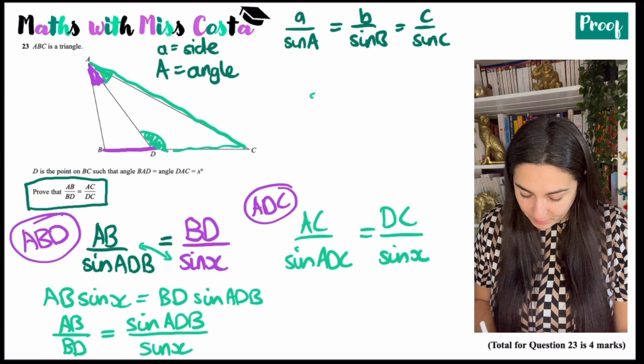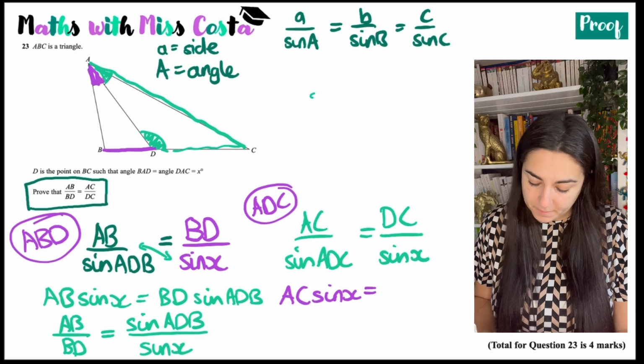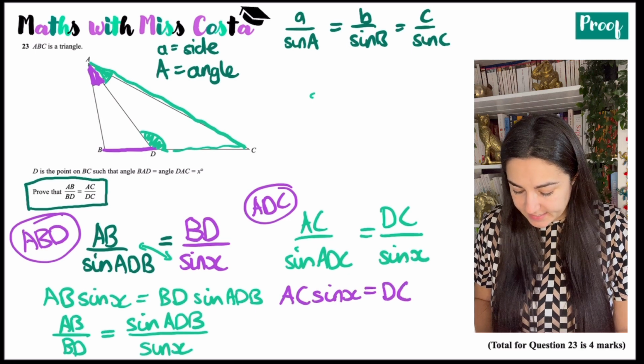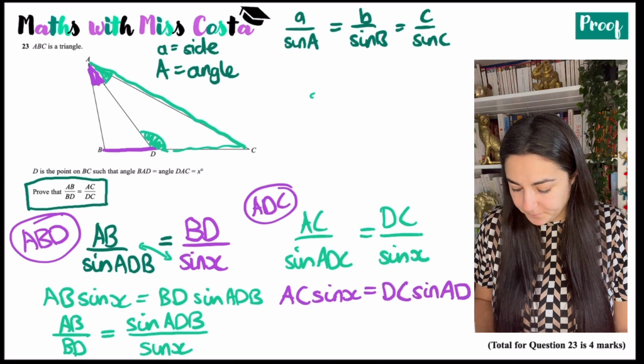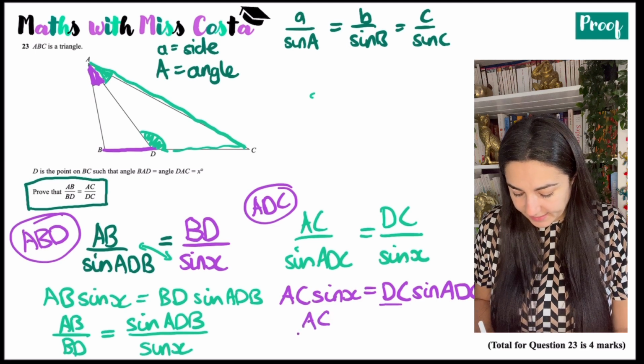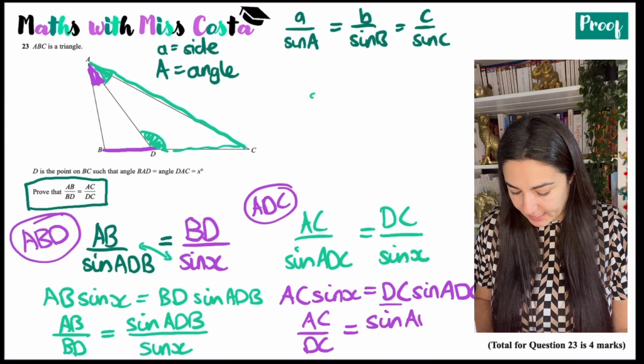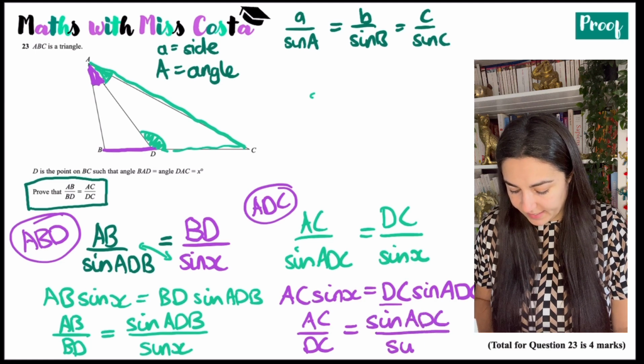So multiply both sides by sine X, AC sine X must be DC sine ADC. And let's divide both sides by DC. So AC over DC is sine ADC over sine X.